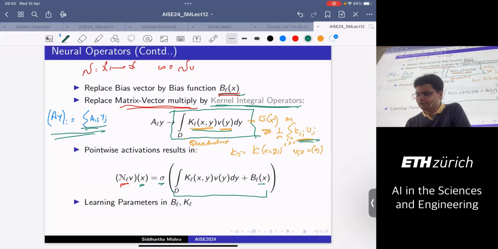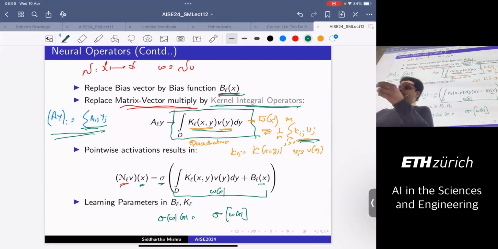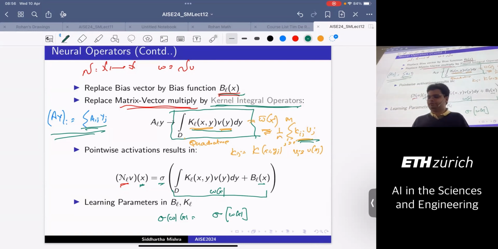Let me call it w. So psi of w, acting at x, is nothing but sigma acting at w of x. So you evaluate the function at any point and then apply ReLU, or the hyperbolic tangent or SwiGLU or GeGLU or whatever, the entire zoo of activation functions that we have. So voila, you're done.